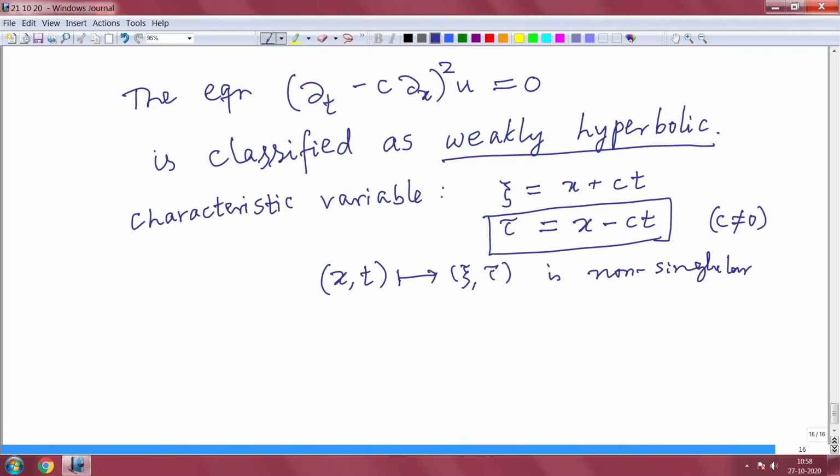We are assuming of course c not equal to 0. If c is 0, then the equation reduces to an ODE. Okay. So, it is not even a PDE. Again you do the computation, and you show that in these new variables del tau square u is equal to 0, and this does not resemble the heat equation.